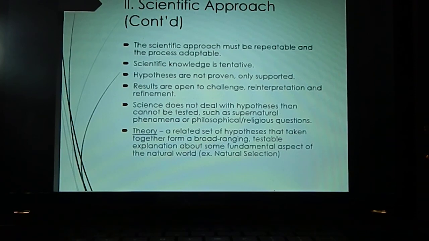So that's why it's tentative. It's not written in stone. It's flexible. And the point to drive home here is that hypotheses are not proven. They're only supported. Results are open to challenge, reinterpretation, refinement.